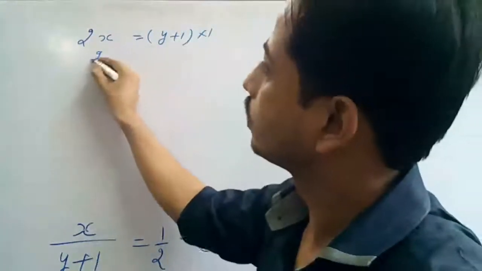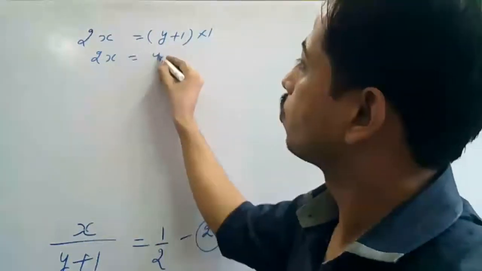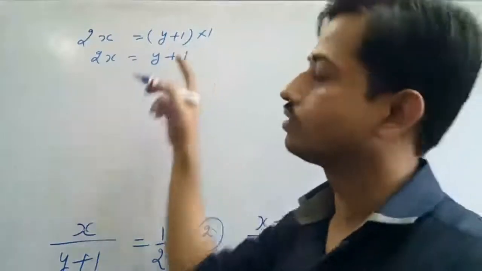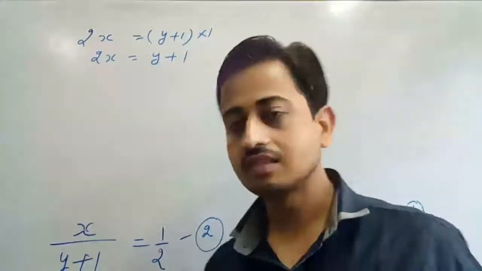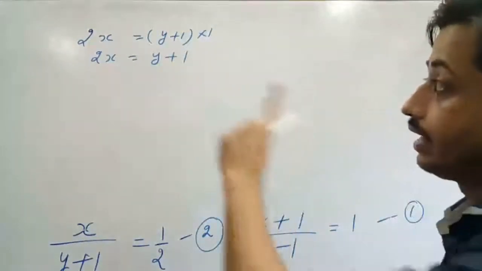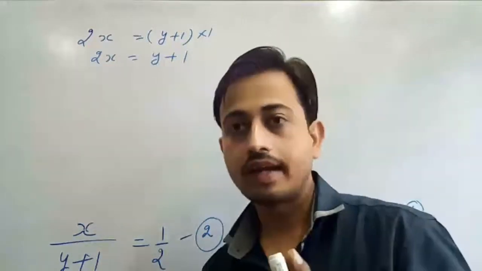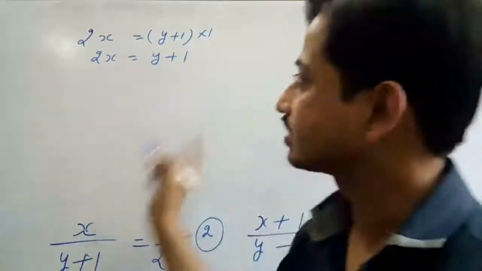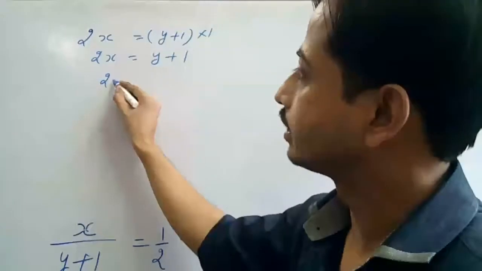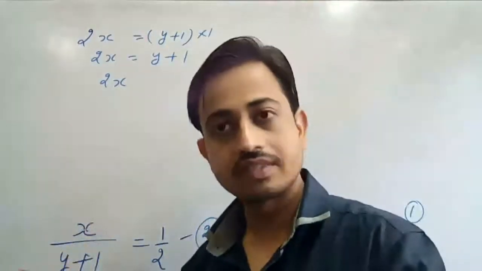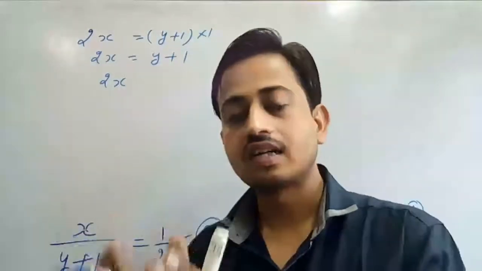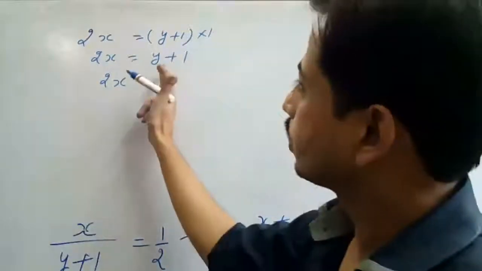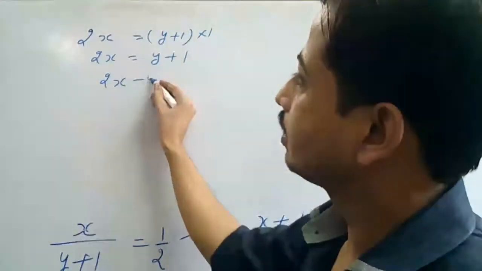So I get 2x is equal to y plus 1, because if we multiply by 1 we get the same number. And write in proper format according to the elimination method. What's the format? We have to take variables on the left side and the constant term on the right hand side. So that's why I'm going to take this y on the left hand side.